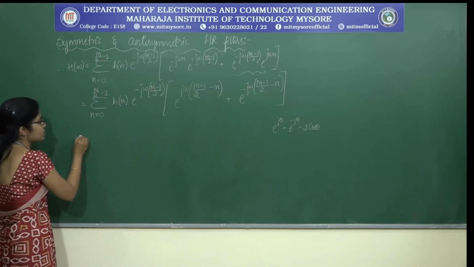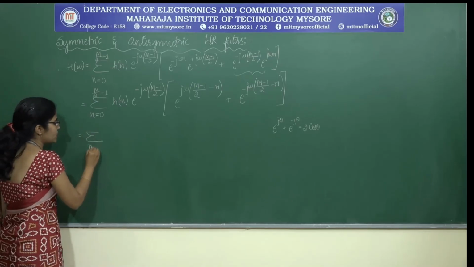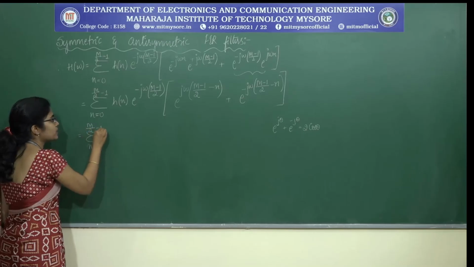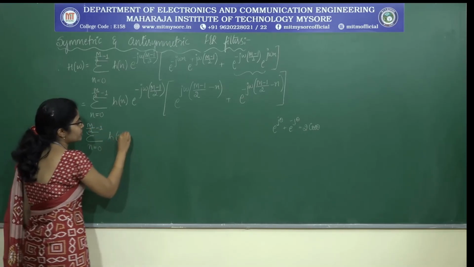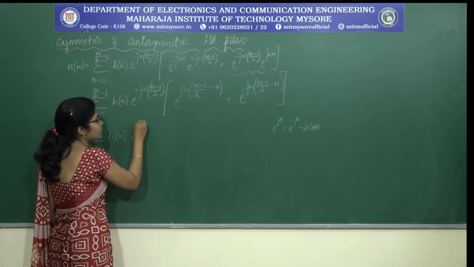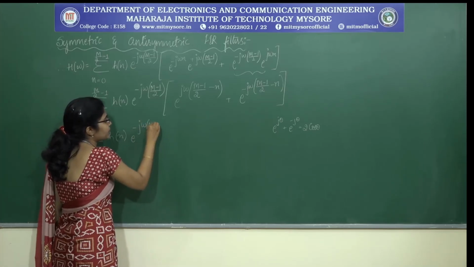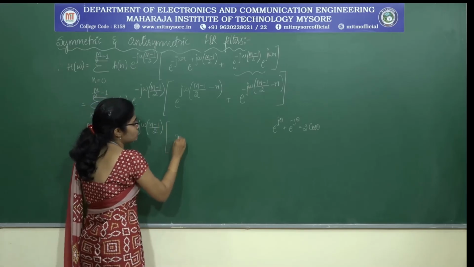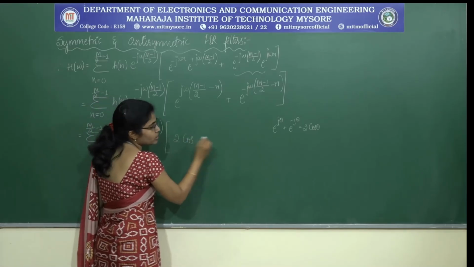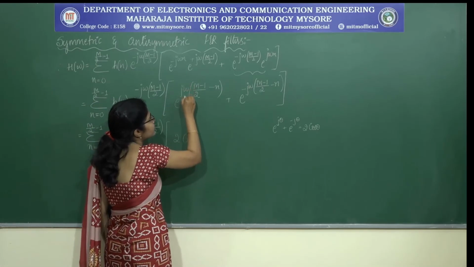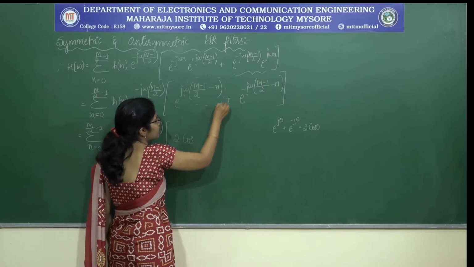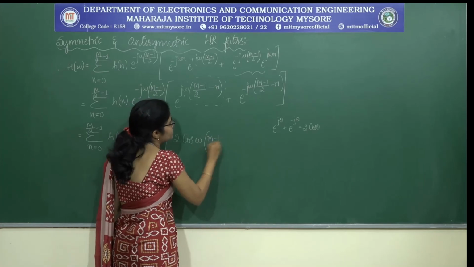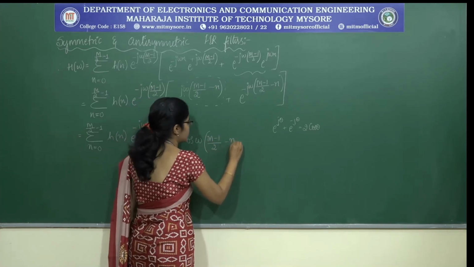If I write it in terms of cos, h of omega will be equal to summation n ranges from 0 to m by 2 minus 1 h of n into e power minus j omega m minus 1 by 2 into 2 cos. So what is theta here? This entire thing is nothing but a theta. So it will be cos omega m minus 1 by 2 minus n.